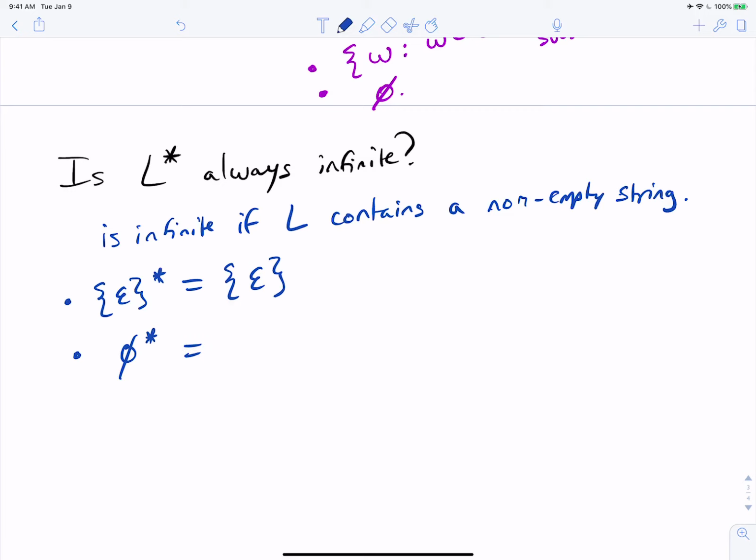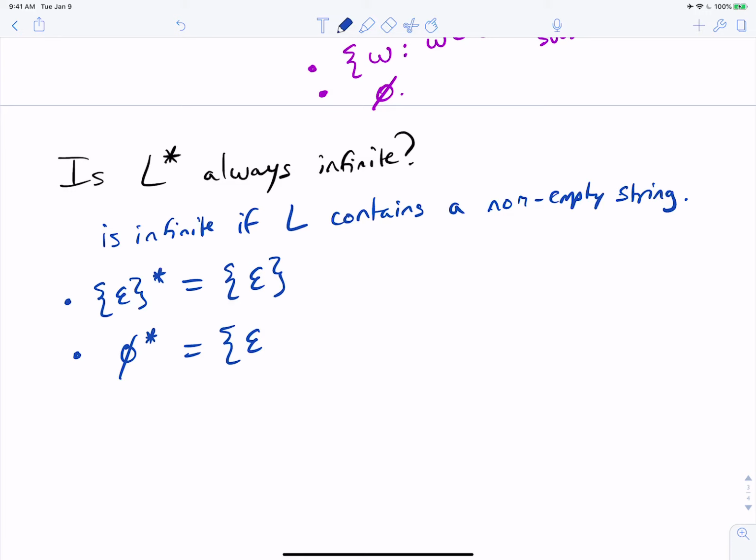Well, what about empty set star? So no strings in the language at all. I'll ask the same question again. What string is always in the star of any language? Empty string is always in there. Is anything else in there?